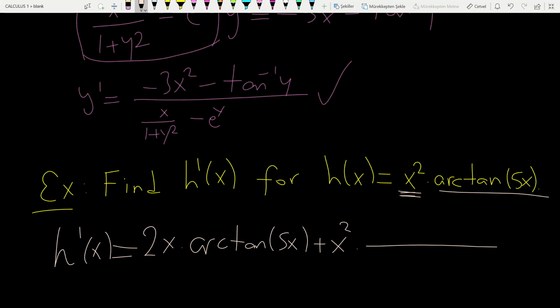Derivative of arctangent 5x is derivative of inside, which is 5, over 1 plus square of inside, 25x squared. So it is enough for the time being. I hope you understand derivative of inverse trigonometric functions.